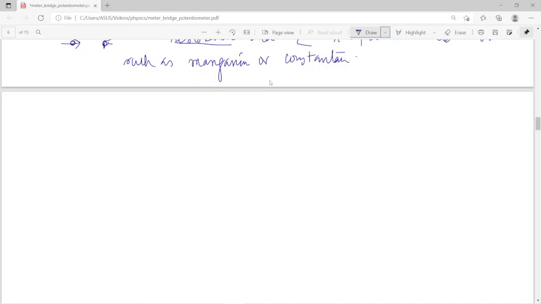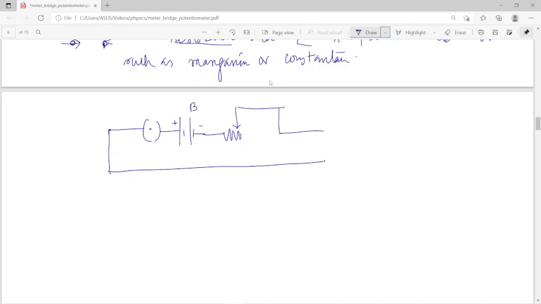We take a battery like this and connect it with a rheostat, which means we can change the resistance.